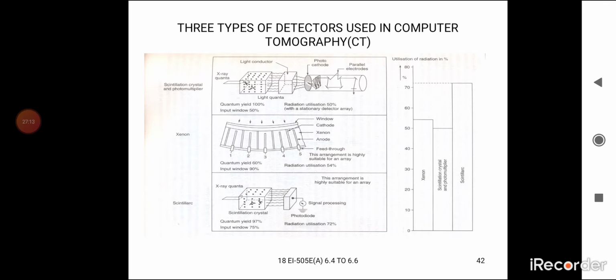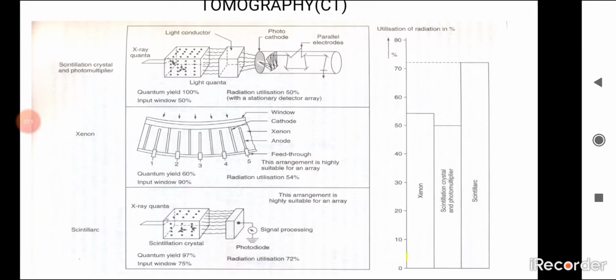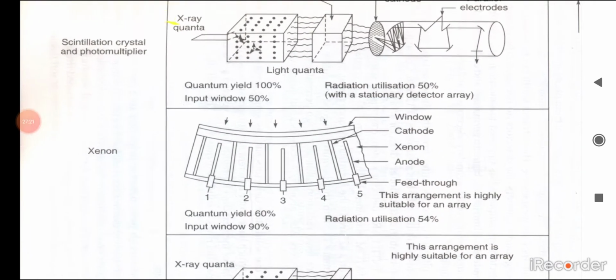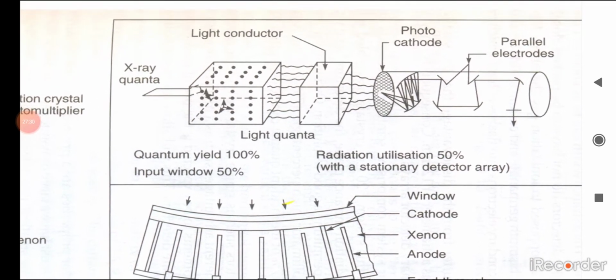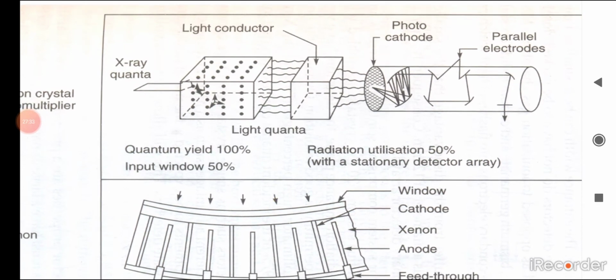Three types of detectors used in computed tomography: one is the scintillation crystal and photomultiplier, where the X-ray quantum is passed on to the light conductor as light quanta.